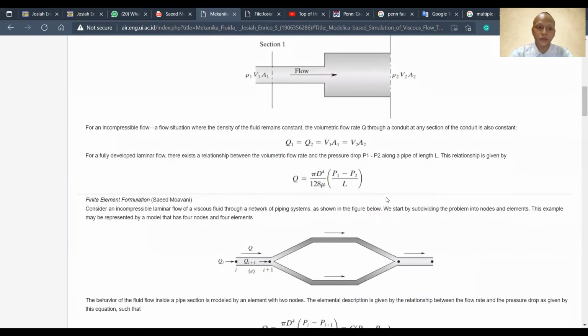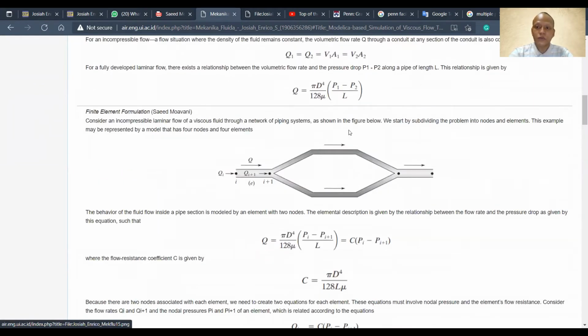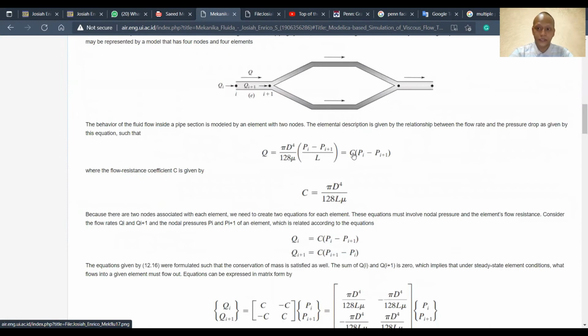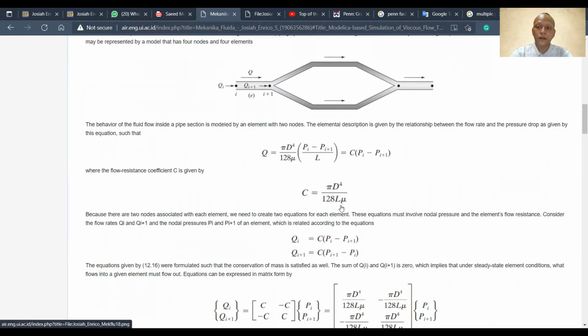So let's move to the finite element formulation. That equation will be separated, and then the prior part, this one, will be substituted by a coefficient like this, and then we only have three properties left.